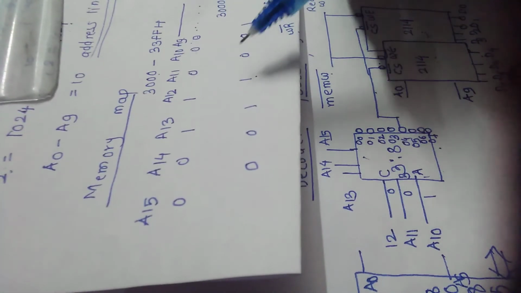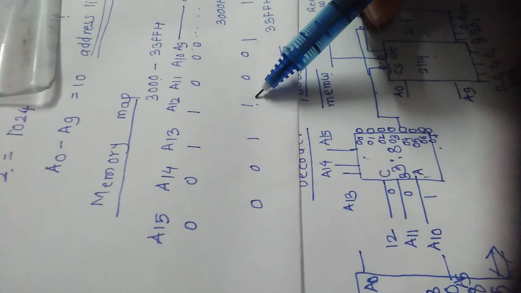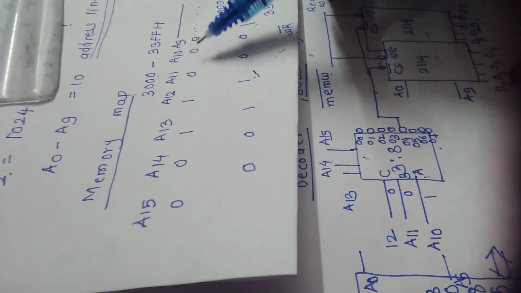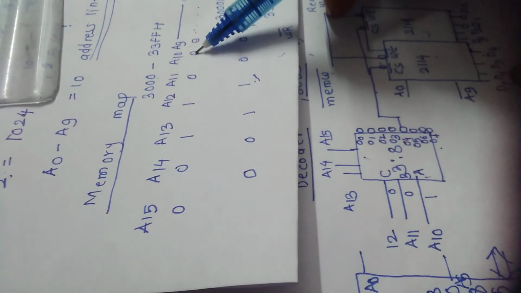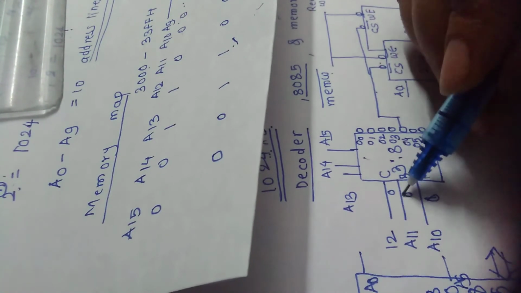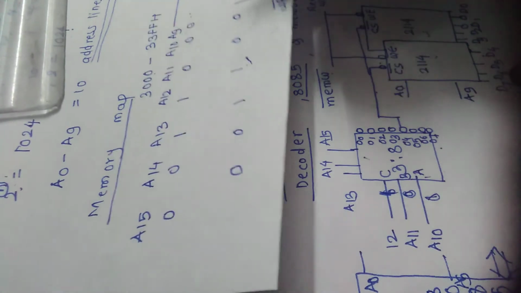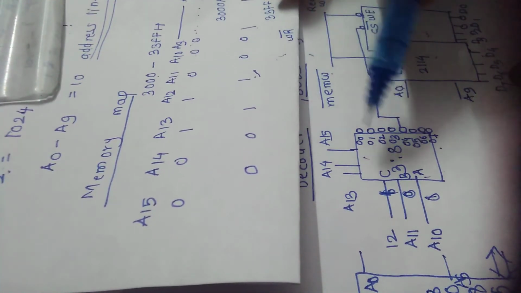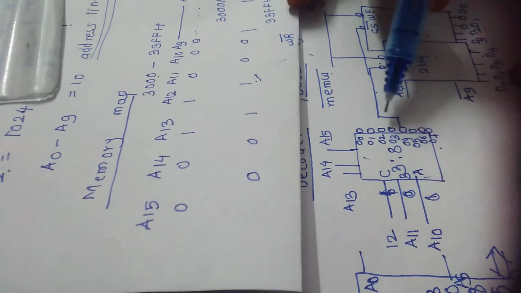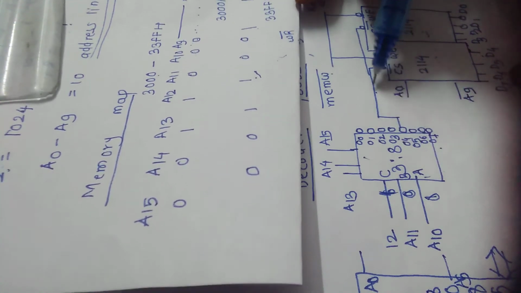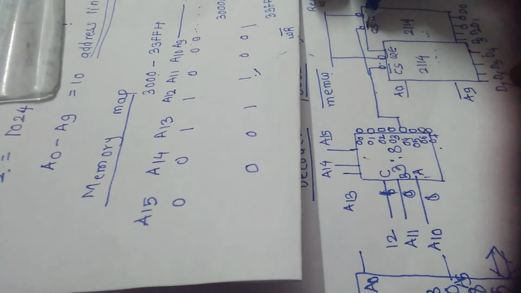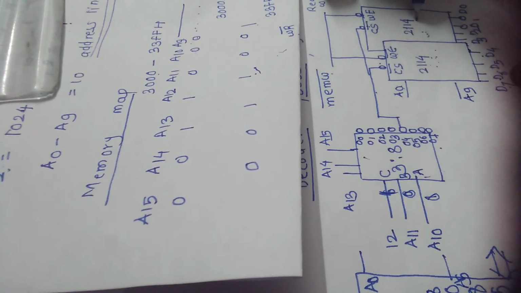Now, as per the memory map, when A10, A11, A12 is 100, then the fourth output line of the decoder gets activated, and this is commonly connected to the chip select of both ICs, that is 2114 and 2114.